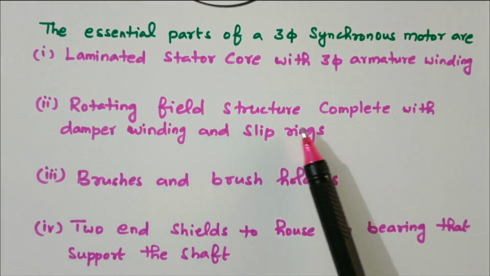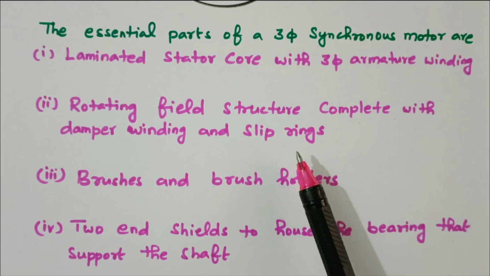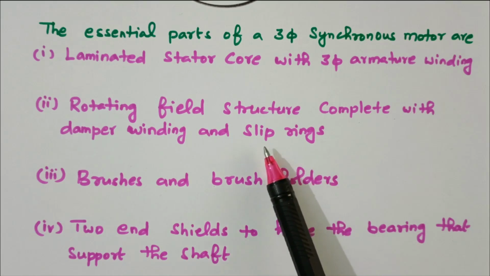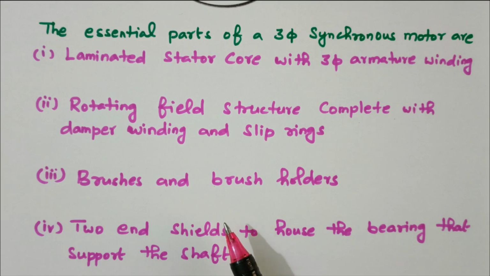A rotating field structure complete with damper winding and slip rings. Because of the rotating part we need slip rings, and the supply is given through the brushes and brush holders. Two end shields to house the bearings that support the shaft.